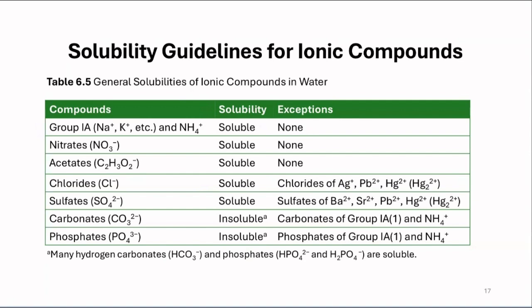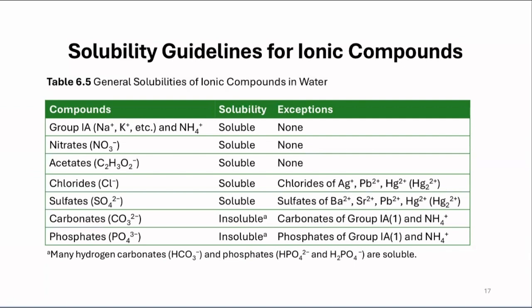So that means that any compounds that start with those elements will always be soluble. Additionally, there are two anions that are always soluble in water, and those are nitrates and acetates. Any chemical formula that has those anions doesn't have any exceptions.